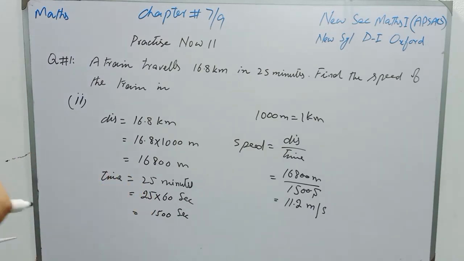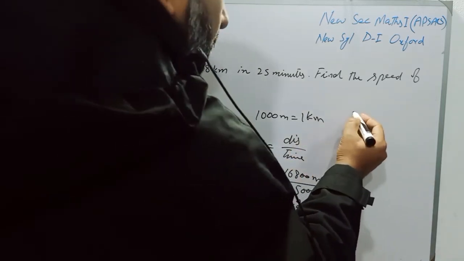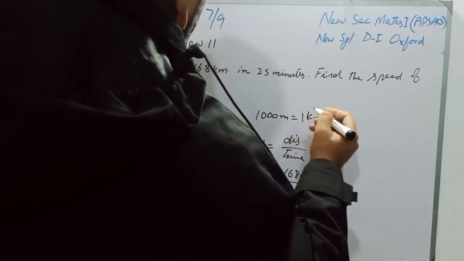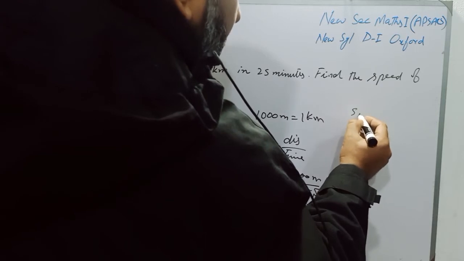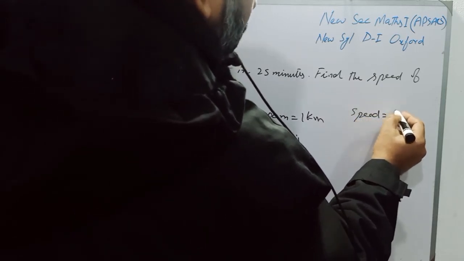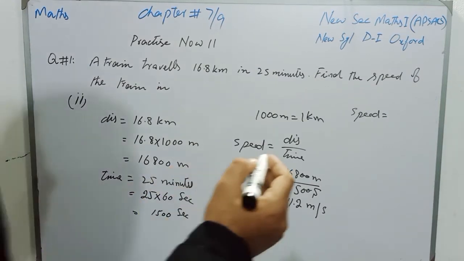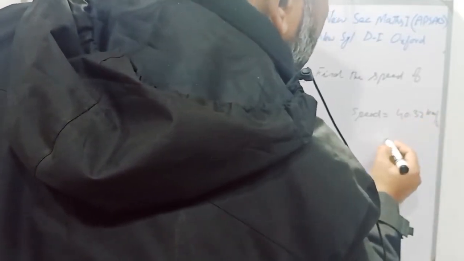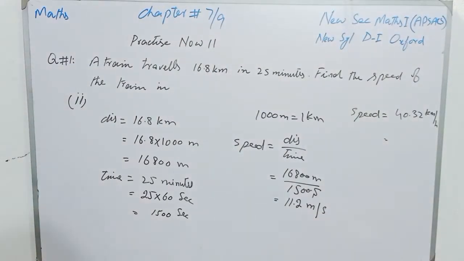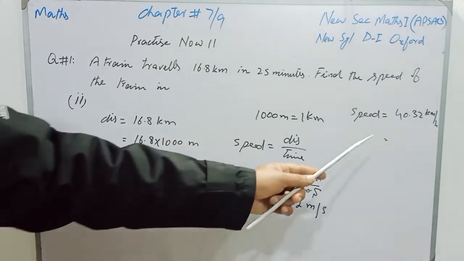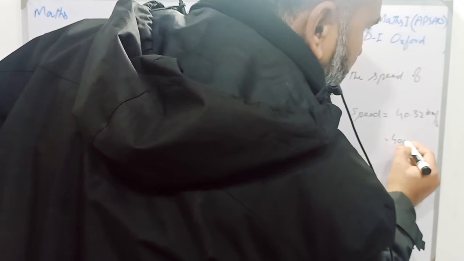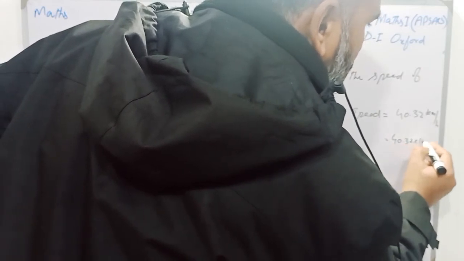There is another way to find the speed in meter per second from kilometer per hour. The speed was in kilometer per hour, speed was 40.32 kilometer per hour. Now students, these kilometers will be converted into meters by multiplying by 1000, and it will become 40.32 multiplied by 1000.